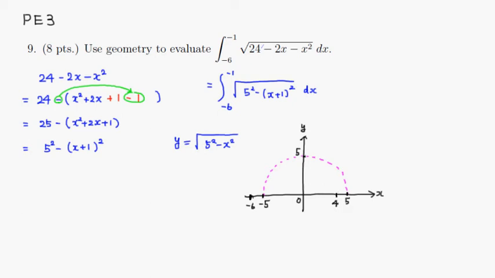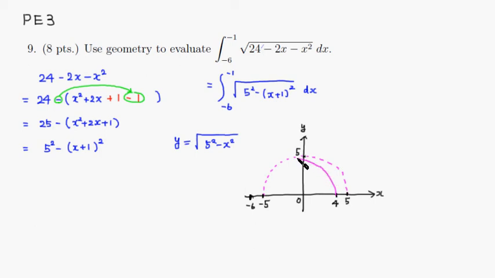So the semicircle is shifted to the left by 1 unit, and it's going to look somewhat like that. That looks pretty bad, so I'll try my best.